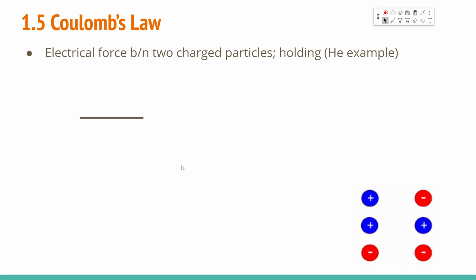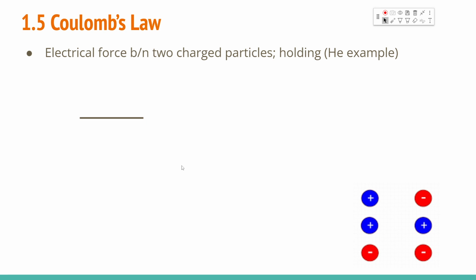So Coulomb's law is talking about the electrical force between two charged particles. And so when I think about helium, for example, I think about how the 2 protons in the middle are holding together the 2 electrons. It's that attraction between those charges.